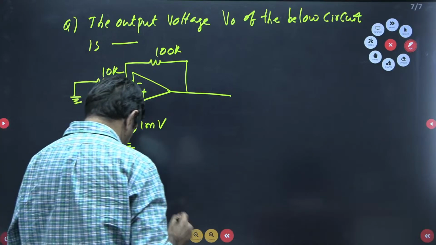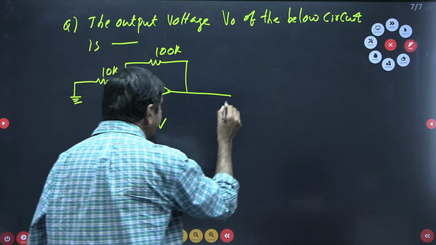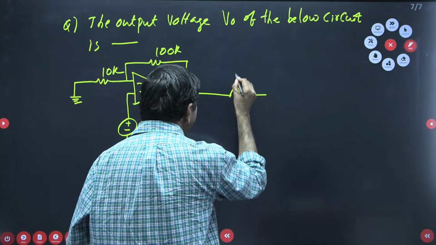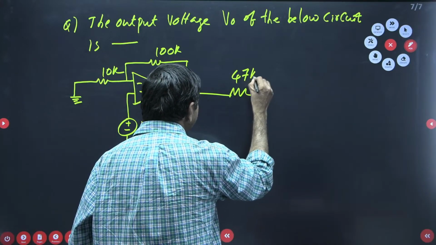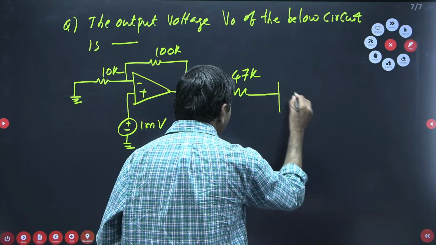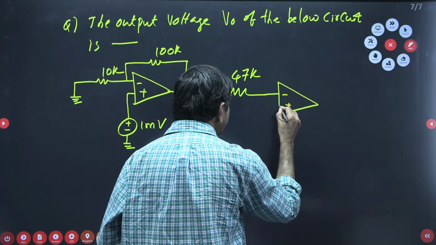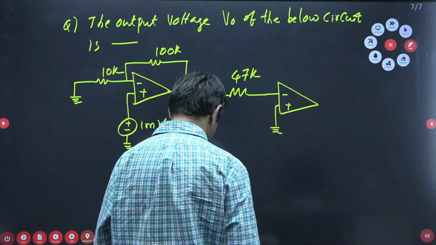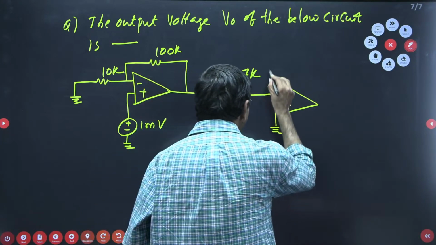And also a 47K resistor is connected here. And one more op amp connected here, minus and plus. This is connected to the ground. Here it is connected with 470K.